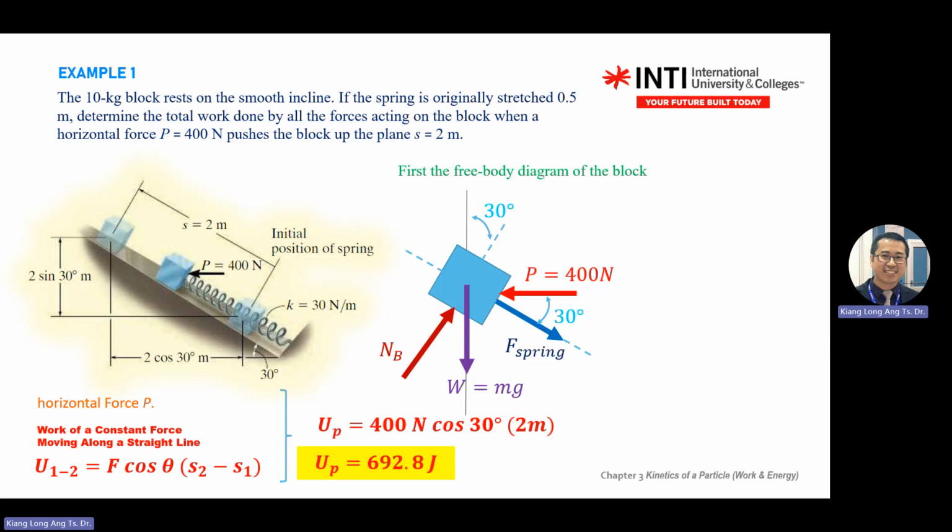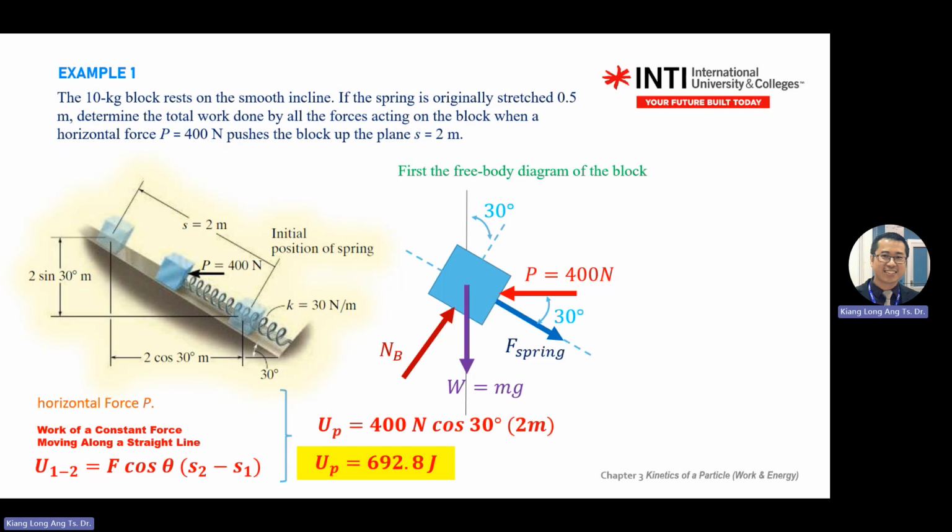Okay. So this is for the P. You split this one into two directions. One goes this way, one goes this way. So we only look at the parallel direction with the surface. So 400 cos theta. Okay, 400 cos theta. Cos 30 in this case.